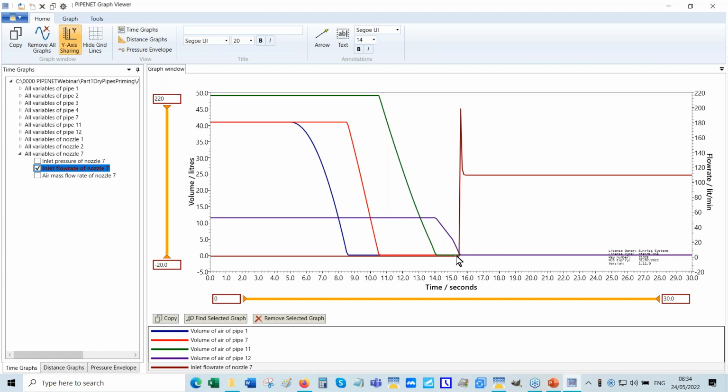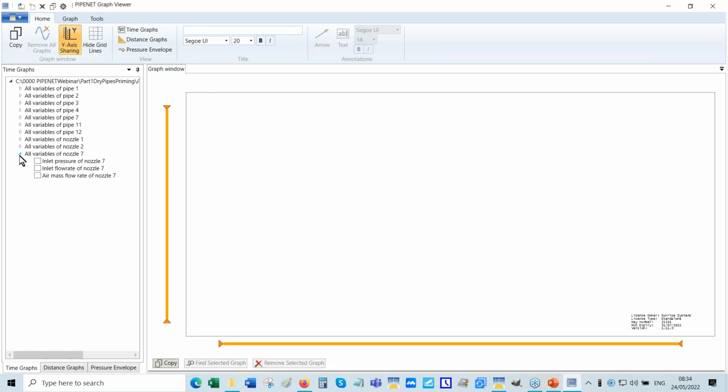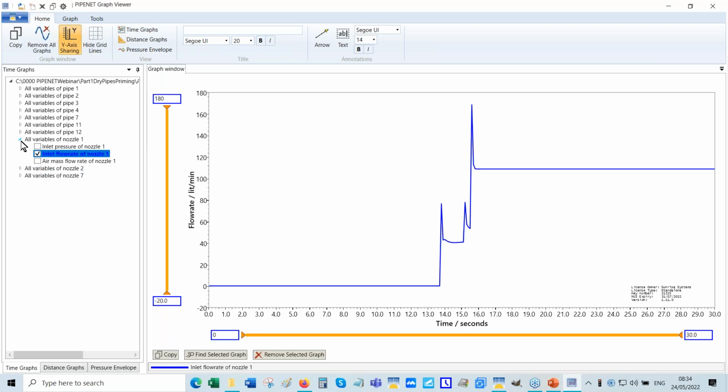So you can see how PIPENET models the progression of water along the dry pipes until we get to the last nozzle. Let me remove all the graphs because we want to now look to see what the nozzles are doing. Nozzle 1 is the first nozzle.